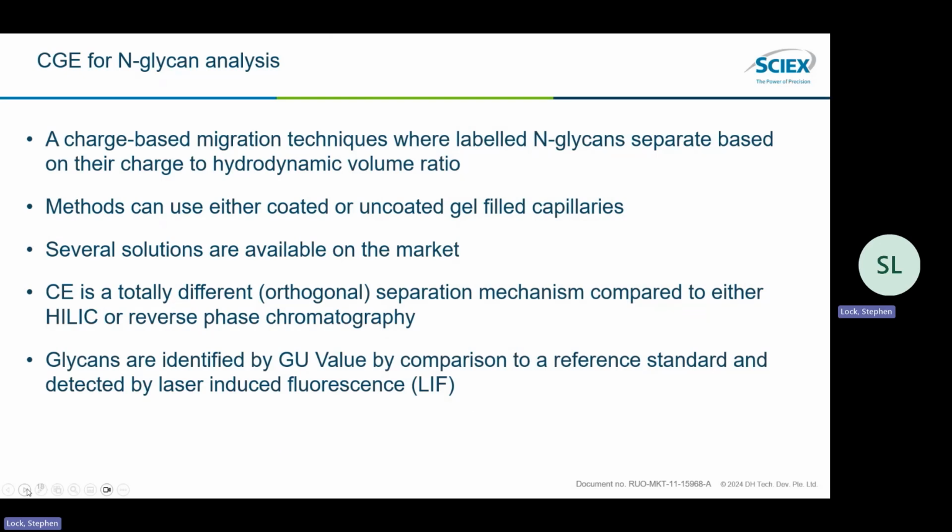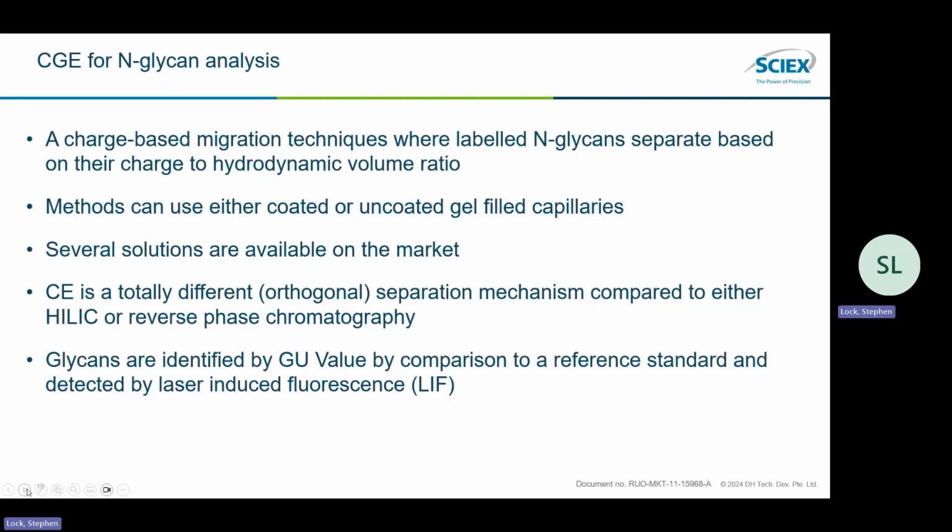Now, the first thing to understand about CGE for N-glycan analysis, again, is that it's a charge-based separation technique, like a lot of capillary electrophoresis techniques. But again, you have to label your N-glycans because you need to be able to detect them. So we tend to label with a fluorochrome, so then they're picked up using laser-induced fluorescence detection.